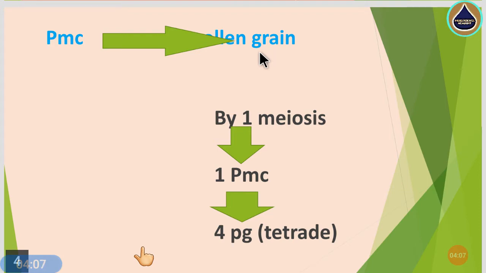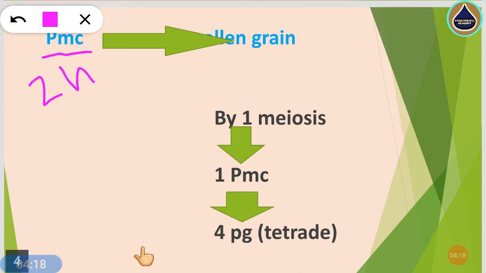This pollen mother cell, which is 2n and has the double number of chromosomes, goes for meiotic cell division, and by meiosis this pollen mother cell converts into pollen grains.